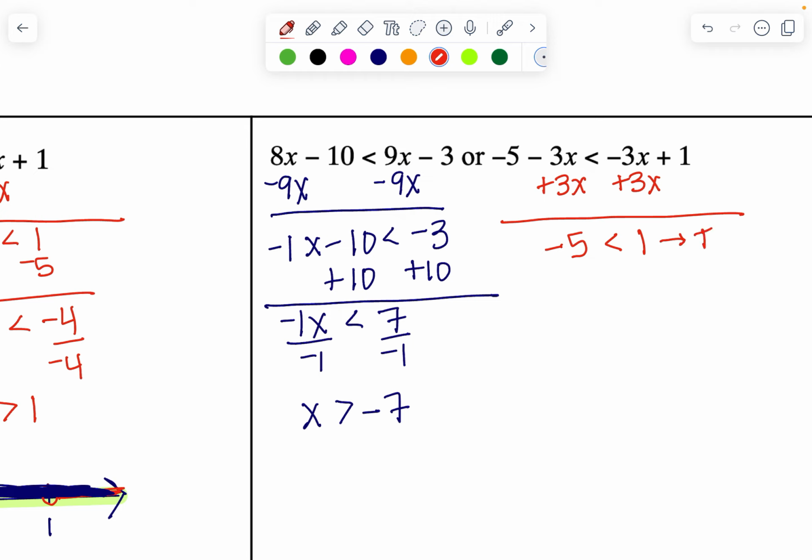So because this is a true statement, the answer is all real numbers. So regardless, since one of these is all real numbers, that means the whole thing is all real numbers, which again just means that we shade from arrow to arrow here. Any number in the world makes this true.